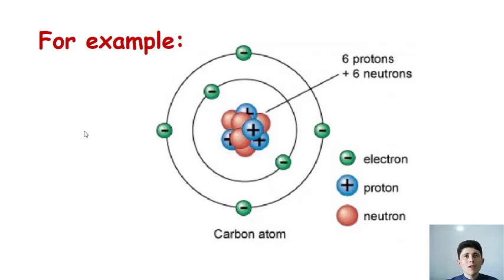The atomic number of carbon is 6, and the atomic mass of carbon is 12. In the first shell of electrons, it has 2 electrons, and in the second it has 4 electrons. As you can see, electrons are located around the nucleus of an atom, or in the shells of electrons, and protons and neutrons are located in the nucleus.